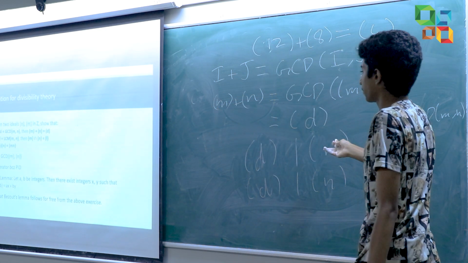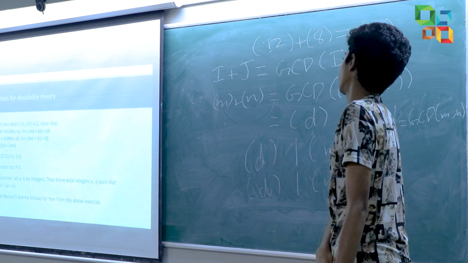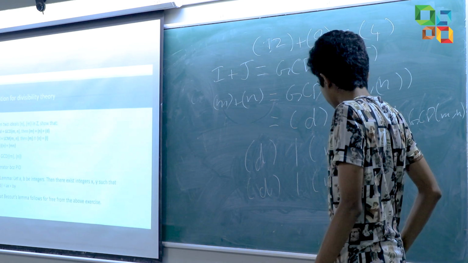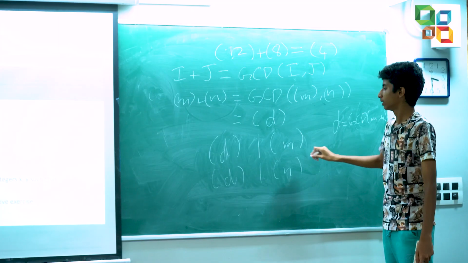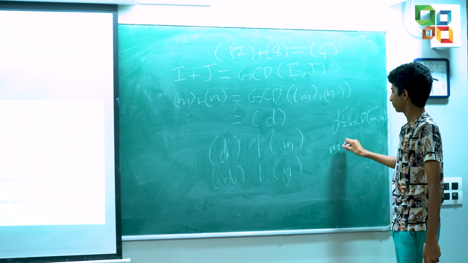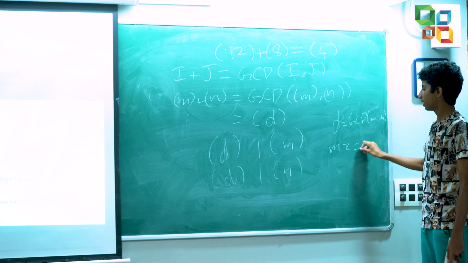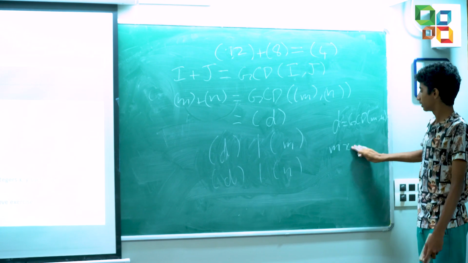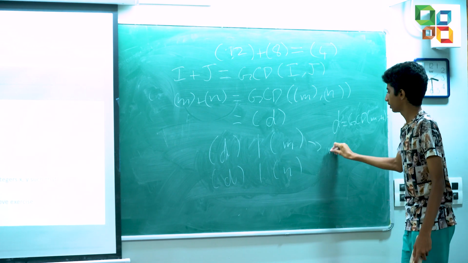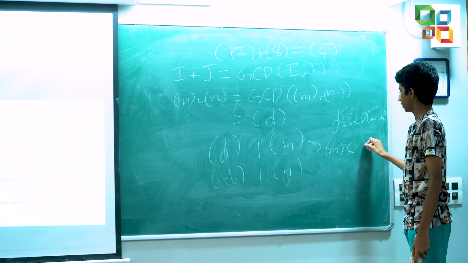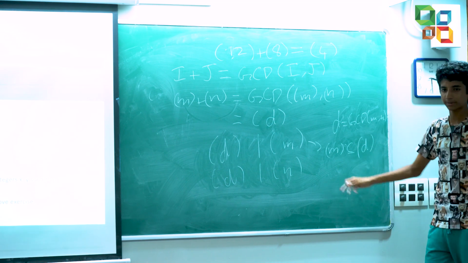Yes, and because it's a principal ideal domain, it's similar to working with just integers. Every element, every multiple of M, can be represented in this form. M is a subset of D, right?